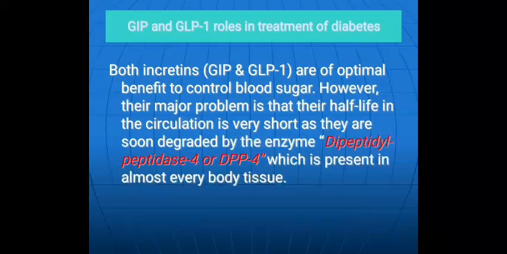GIP and GLP-1 role in the treatment of diabetes. Both incretins, in fact they are called incretins, these GIP and GLP-1 are of optimum benefit to control blood sugar.